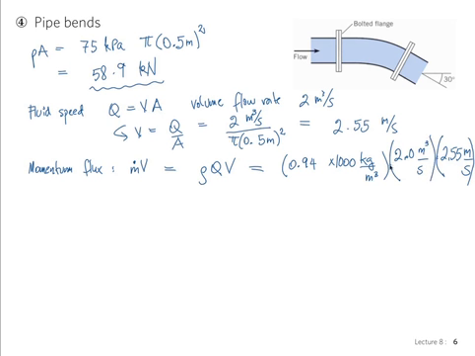So you see this meter cubed cancels out, and I have kilogram meter per second squared, which is the correct unit that I should have. Units of force, basically. This is equal to 4.79 kilonewton.